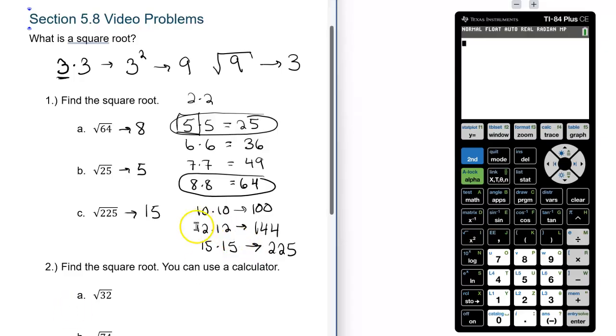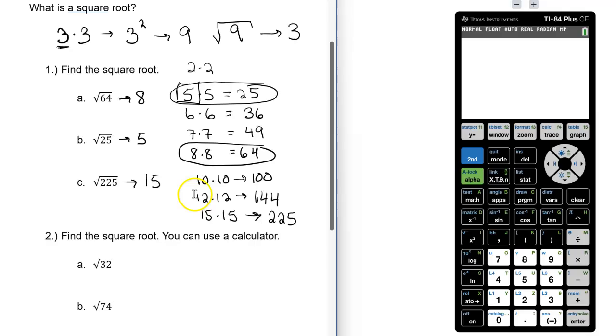Okay, so I'm now going to actually show you how to do each of these, but using the calculator. So on the side here, I have an online version of a TI-84 Plus. So usually if you are in pre-algebra or intro algebra, a scientific calculator is fine.